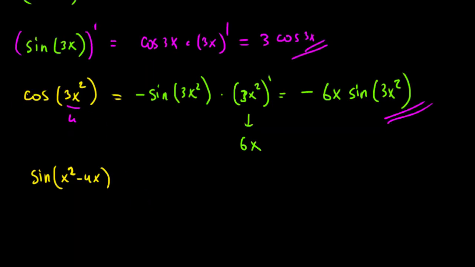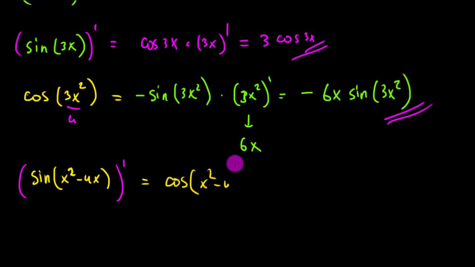Now let's look at the last example, where you have to find the derivative of sine of x squared minus 4x. The same idea: the derivative of sine is cosine, so you write cosine x squared minus 4x.